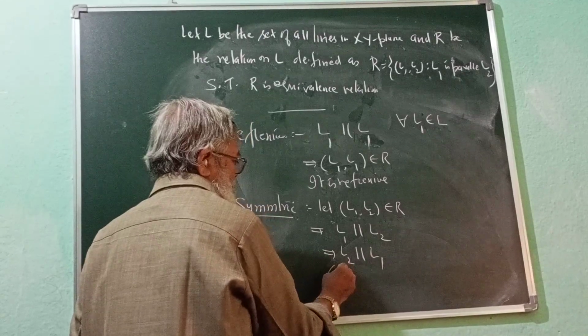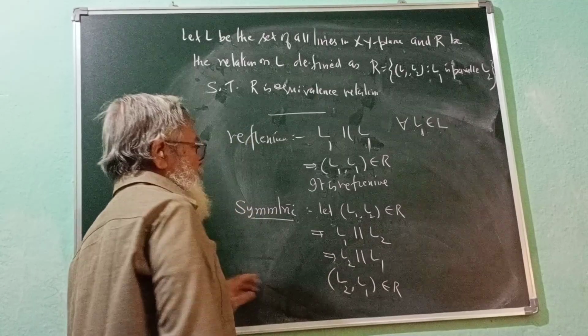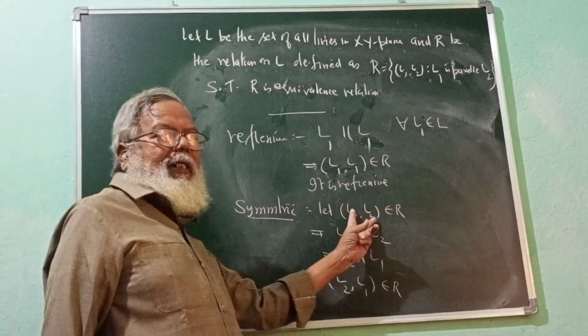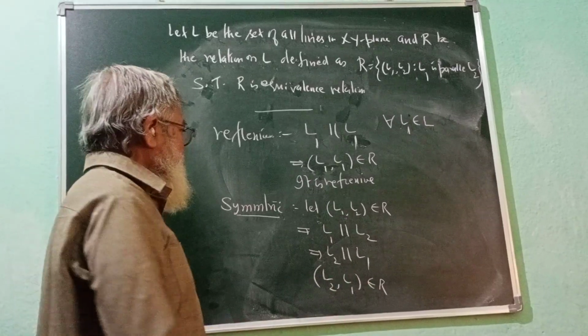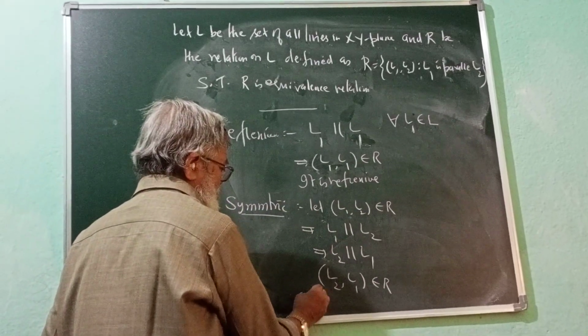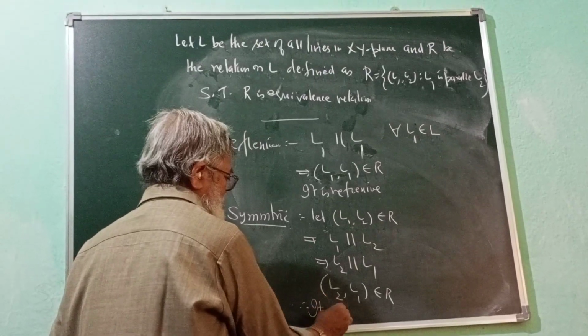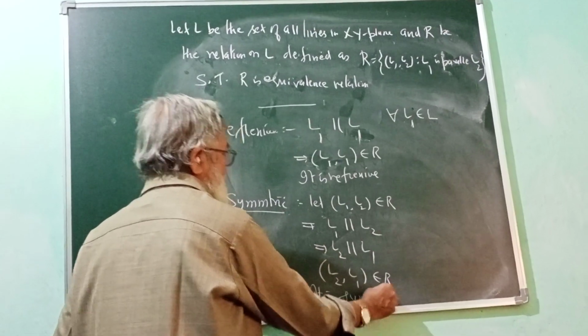That means (L2, L1) also belongs to R. So we have supposed (L1, L2) belongs to R and proved that (L2, L1) belongs to R. It is symmetric.